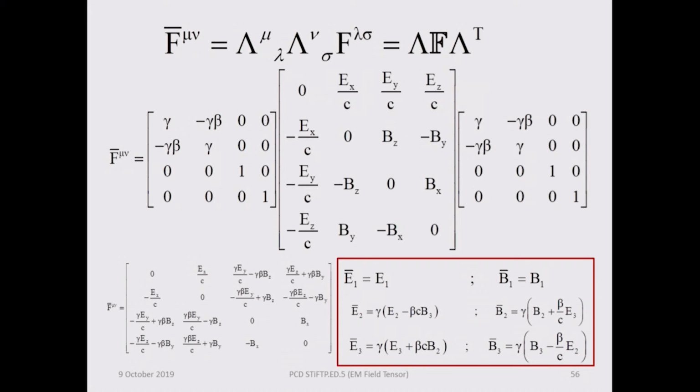So, that is exactly what happens, and the result that you get is that the components in the frame S bar are E1 bar, E2 bar and E3 bar. The components in the magnetic field will be B1 bar, B2 bar and B3 bar. And how E1 bar, E2 bar, E3 bar are related to E1, E2, E3 and B1, B2, B3 after you carry out this multiplication, this is a good exercise.